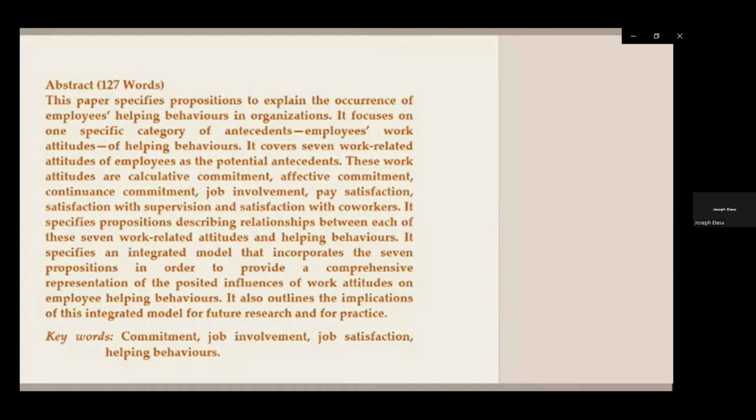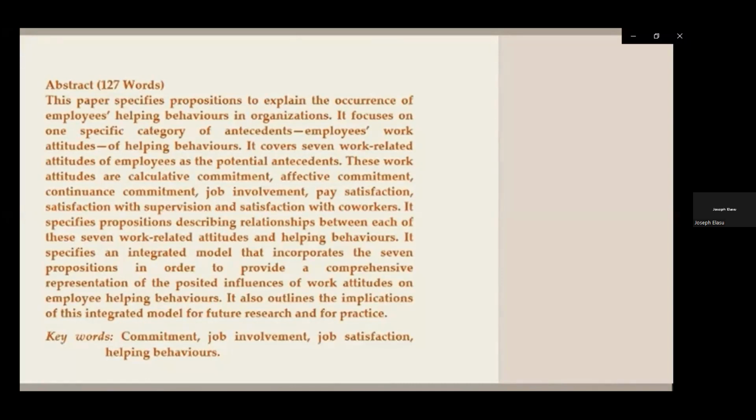This paper specifies propositions to explain the occurrence of employees' helping behaviors in organizations. It focuses on one specific category of antecedents, employees' work attitudes of helping behaviors. It covers 7 work-related attitudes of employees as potential antecedents. These work attitudes are normative commitment, affective commitment, and continuance commitment, job involvement, pay satisfaction, satisfaction with supervision, and satisfaction with co-workers.